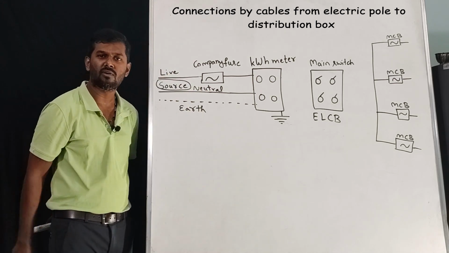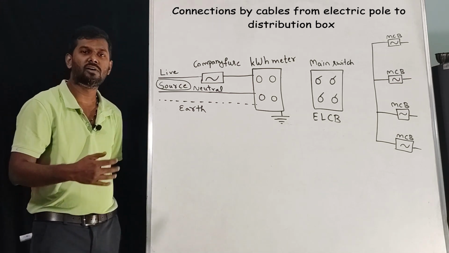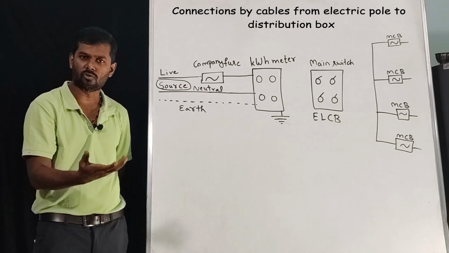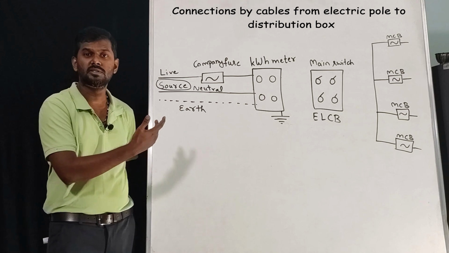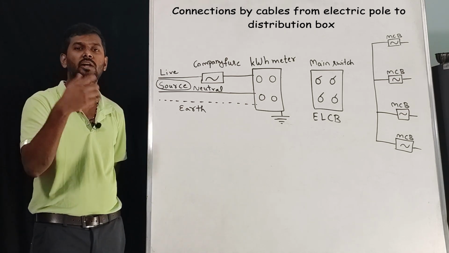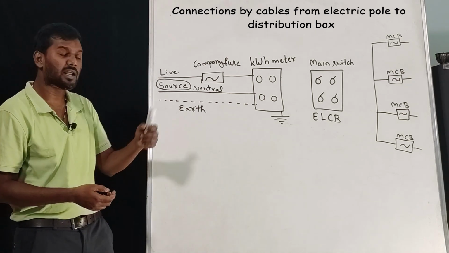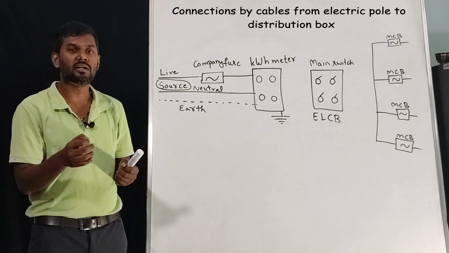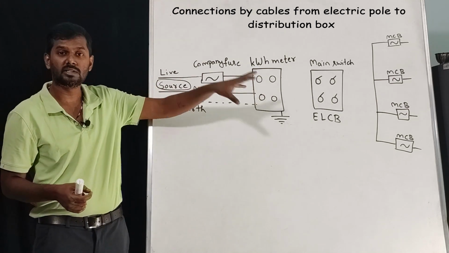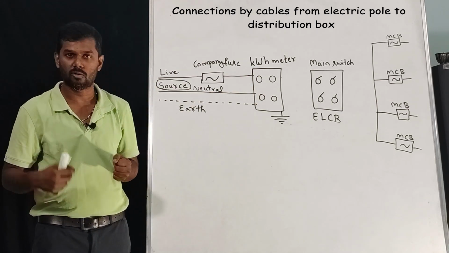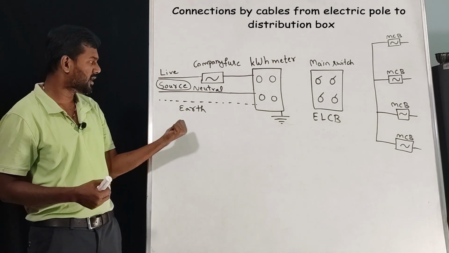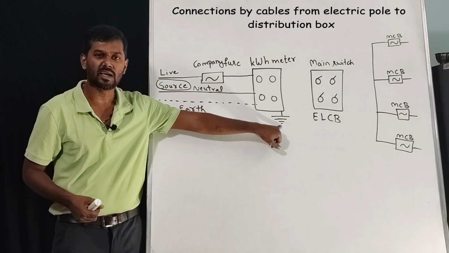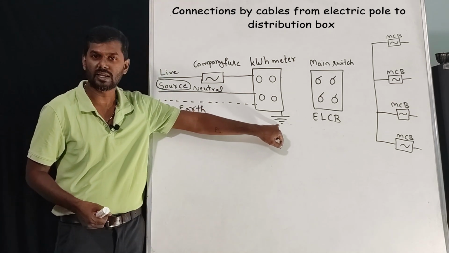Then what is the function of earth wire? Listen, sometimes there may be a high voltage due to a faulty connection, or due to lightning we may get very high voltage, and that voltage cannot be withstood by our houses. So we are going to do the earthing connection. This is the symbol for earthing connection.